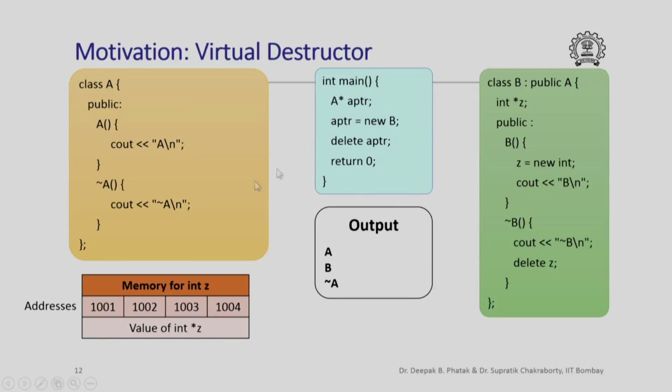So here is a more fleshed out version of that example. Here is the class A, this is the constructor, and let us say we just print A followed by a new line. Here is the destructor, let us say I just print tilde A followed by the new line. Here is the class B, which is derived from the class A, and has the same private data member Z as we saw earlier.